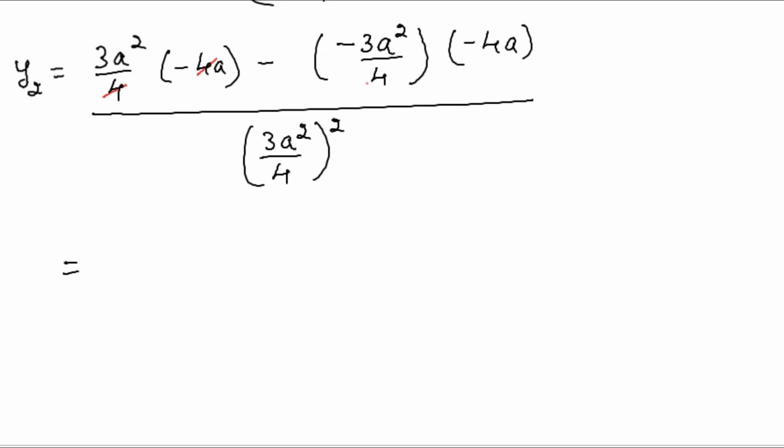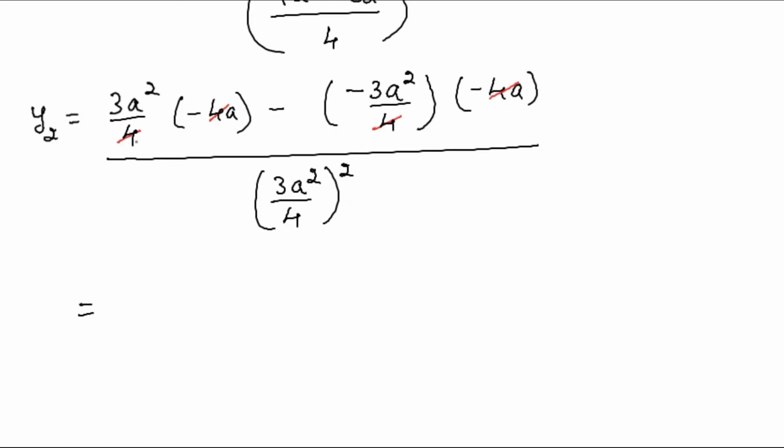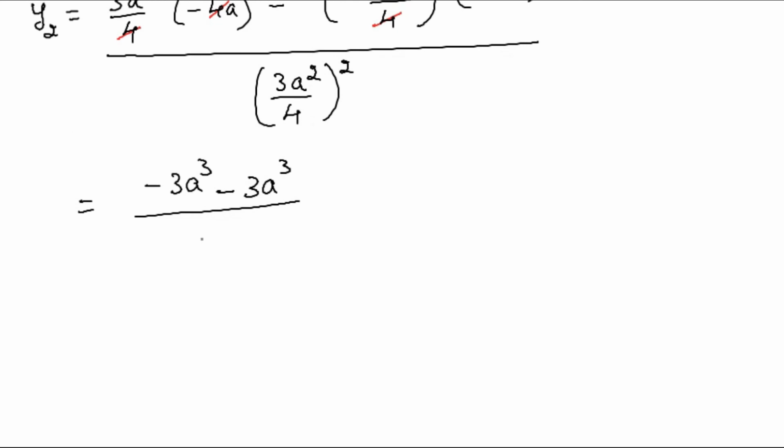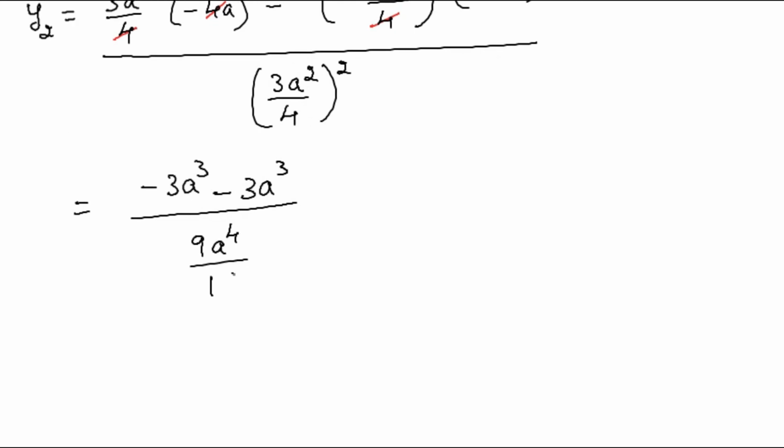Here also this 4 and 4 will cancel out. So if you multiply this expression, it becomes minus 3a cube, and minus into minus is plus, plus into minus will be minus. So here also you'll be getting 3a cube whole divided by the denominator, you need to square it. Therefore you'll be getting 9a power of 4 divided by 16.